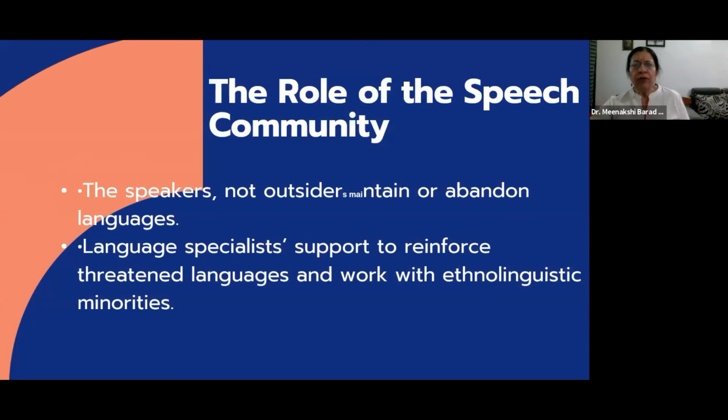Let's come to the role of the speech community. The speakers, obviously, and not the outsiders, maintain or abandon languages. Now let's look at what it feels like to speak a language with fewer speakers.